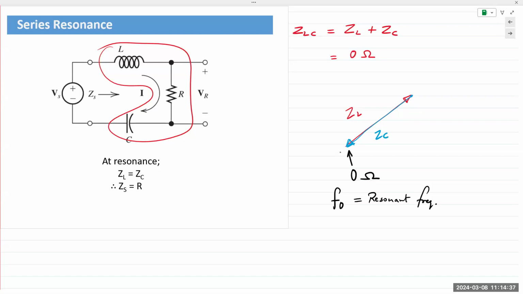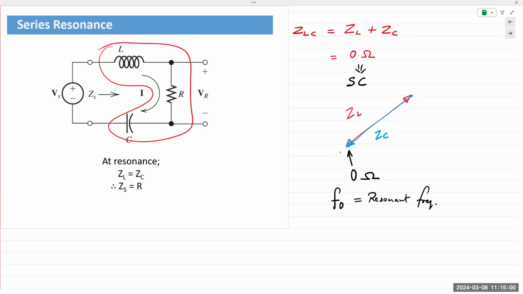So ZLC goes to 0, meaning inductor and capacitor in series are behaving like a short circuit. The energy flows out of the inductor and goes into the capacitor, and then flows out of the capacitor into the inductor. So it keeps bouncing back and forth between the two.